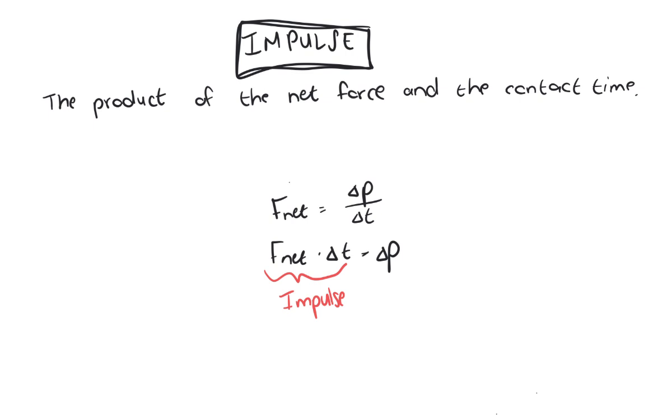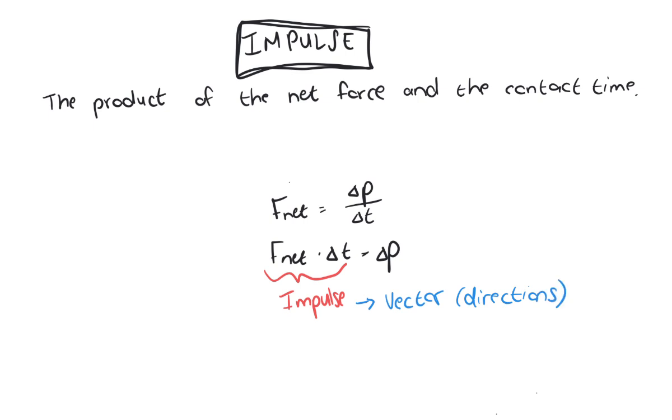So the change in momentum is directly dependent on the magnitude of the net force and the duration for which the force is applied. Remember, since this is a vector and that is also a vector, it means that your impulse is also a vector, which means that we have to remember our directions.